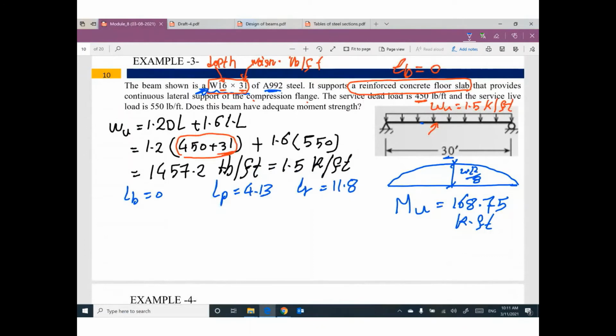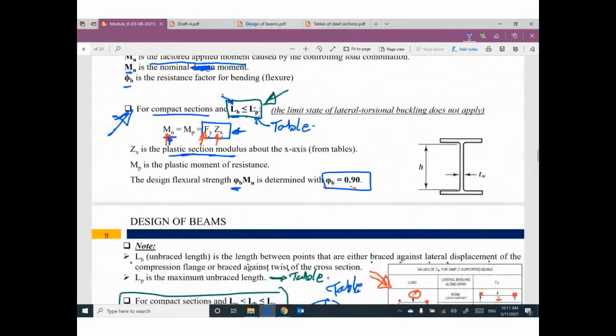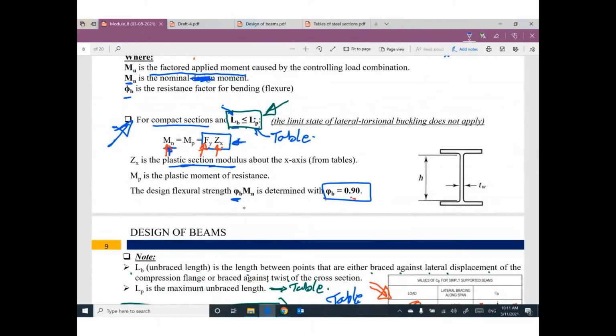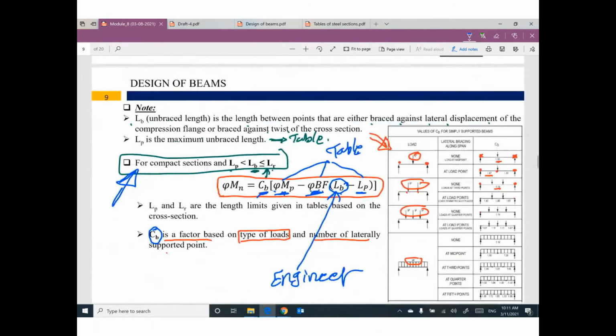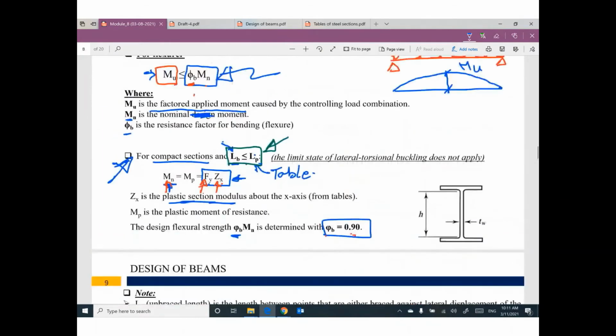What is the condition right now? Do you think LB smaller than LP? Do you think LB between LP and LR? We have two conditions. Do you remember? LB smaller than or equal LP, or LB between LP and LR. I think we are in the first case.